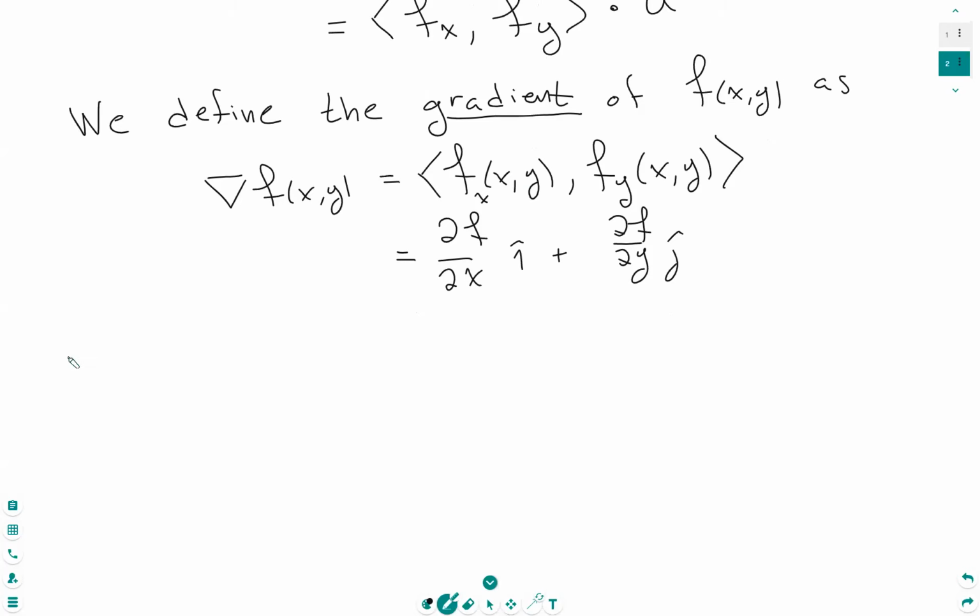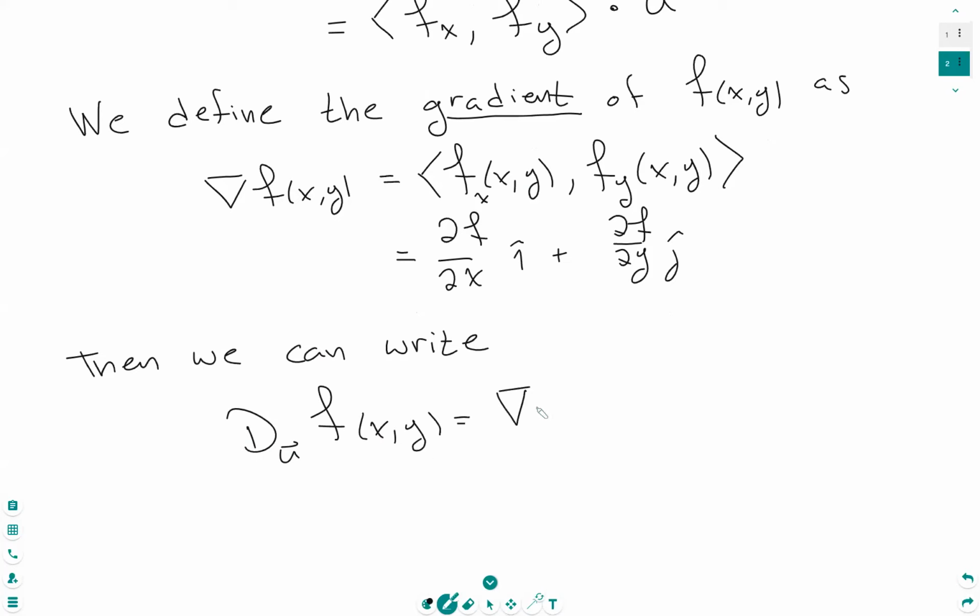So then we can write that the directional derivative in the u direction of our function f is the gradient of our function dotted with the direction that it's going.